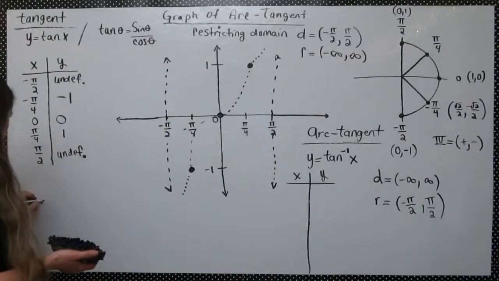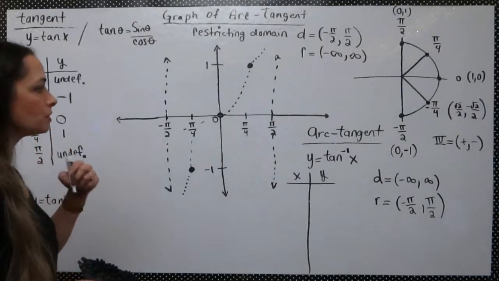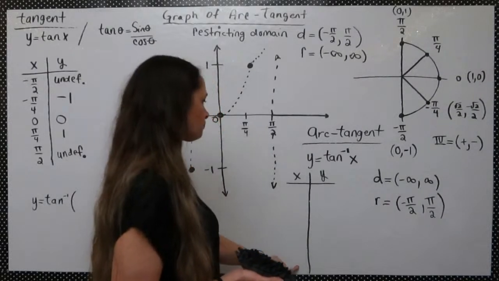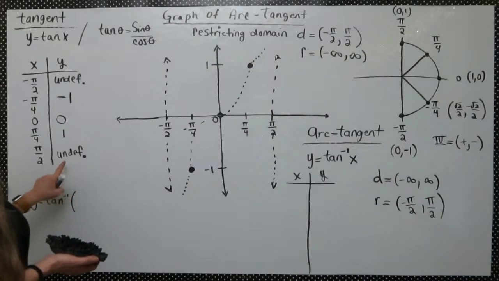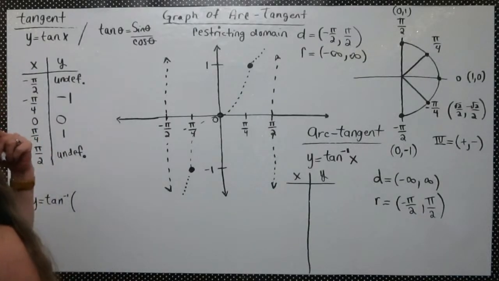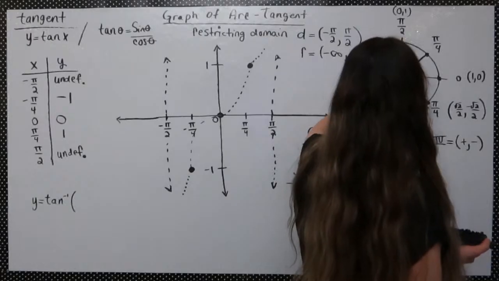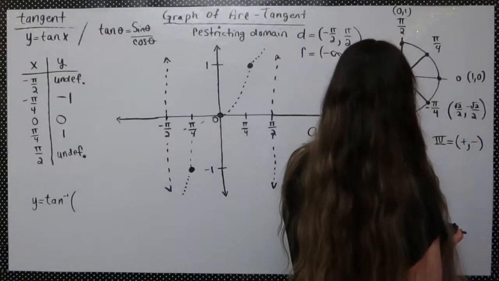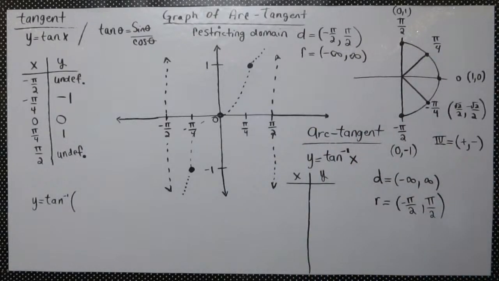Okay. So what we're going to do is begin by evaluating arctangent. So we'll say y equals tan inverse, and we'll go ahead and pick values for the domain. Let me think for a minute.